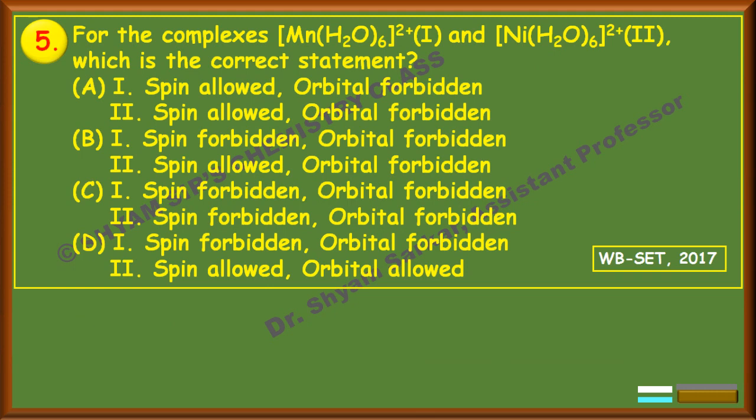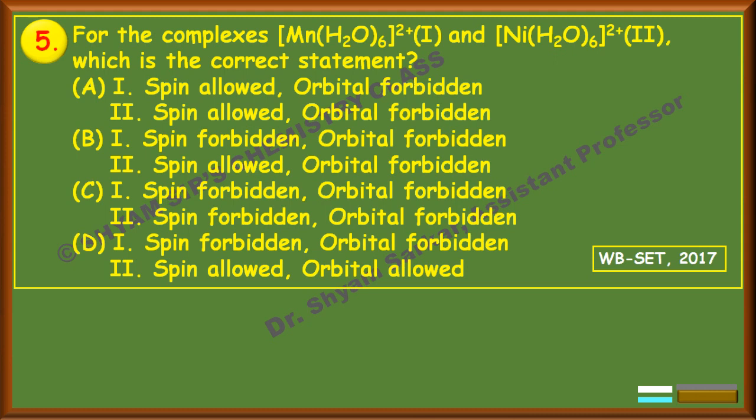So next question, see, for the complexes [Mn(H2O)6]2+ numbered as 1 and [Ni(H2O)6]2+ numbered as 2, which of the following statements is correct? So 4 different options are given with spin and orbital allowed and forbidden transitions. So first you need to know the electronic configuration of the metal ions in these two complexes.